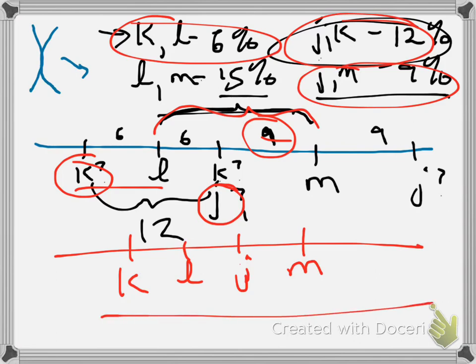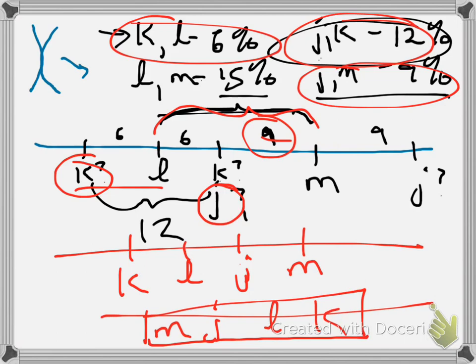Now, obviously you could have this backwards, M, J, L, K, right? You could have done it that way too and gotten the same answer. That's fine. The point is, this is the order they are on a chromosome. And so by doing this method and just doing different recombinations of different traits between different fruit flies, Morgan and his students were actually able to start mapping genes out and figuring out what came in what order on certain chromosomes.